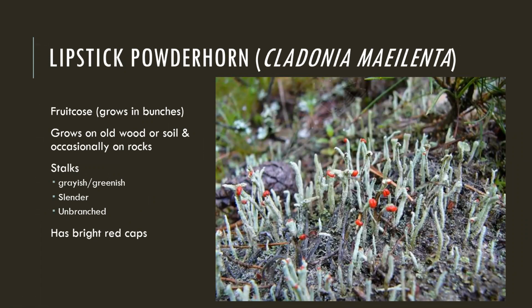The lipstick powderhorn grows on old wood or soil and occasionally on rocks. And again, it has the bright red cap, but there's only going to be one cap per stalk, while the British soldier is going to have multiple caps per stalk, and the stalk is going to have many branches, and that's why.